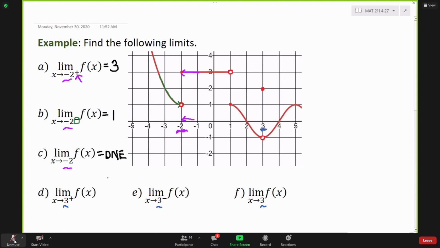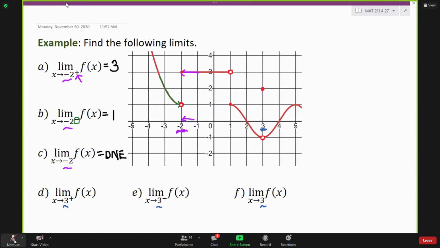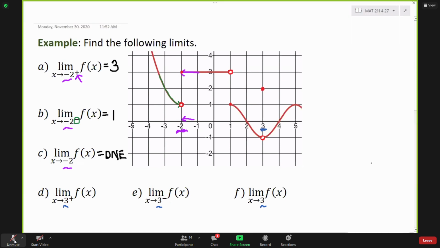But if they asked us, I've always gotten confused of that. If it's asking us what the value is at -2, would it be 3? Yes, exactly. So if we had a G here, and if it were just f of -2, so there's no limit here at all, we're just looking for the function value when X is -2, then it would be 3 because the graph is reaching 3 when X is -2 there.